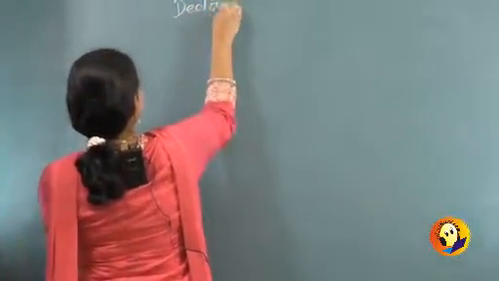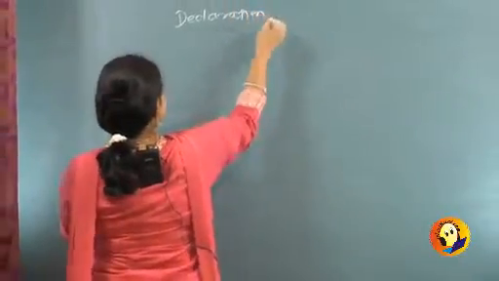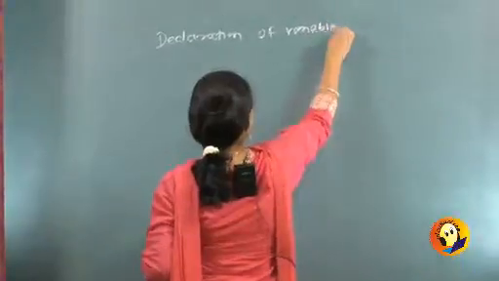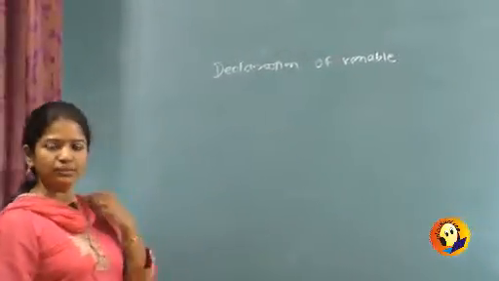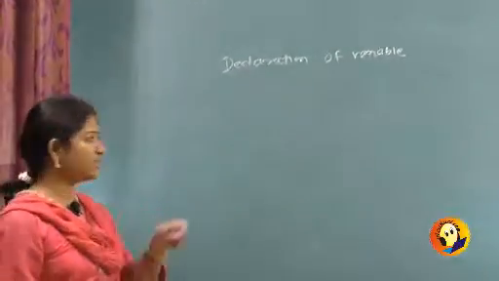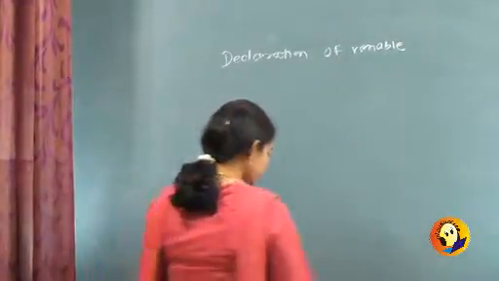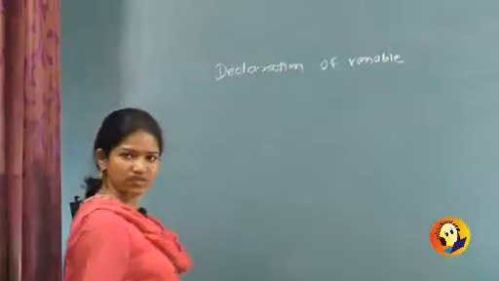Okay. Next point is declaration of variable, assigning values to a particular variable, and reading and displaying those values on screen. So for this concept I need to write one simple Java program.